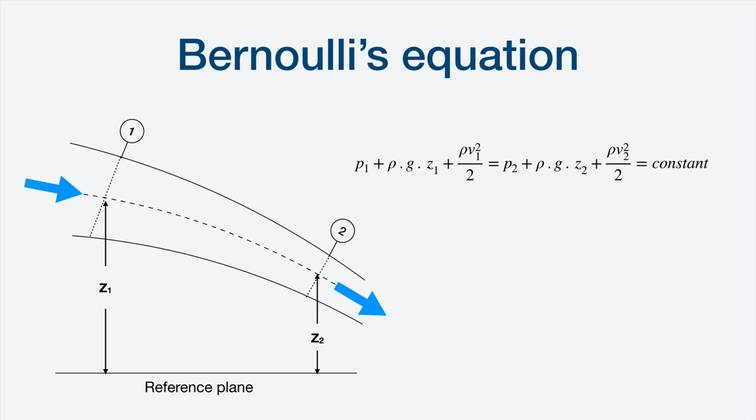Remember that we have seen already in lesson 2 that the static pressure, expressed in pressure units, was a form of energy density, energy per unit of volume. So the sum of the static pressure plus the pressure due to the height Z plus the kinetic term is constant in every section. There are no pressure losses, as we have predefined.